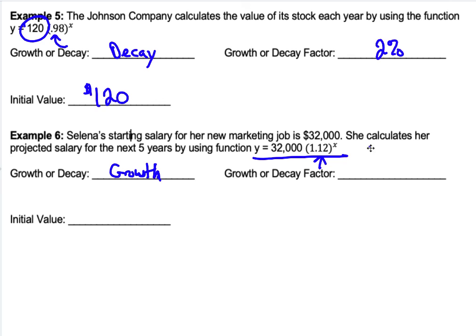If I think of 1 as being 100%, 112, or 1.12, it would be an increase of 12%. And my initial value, well, that was her starting salary of $32,000.